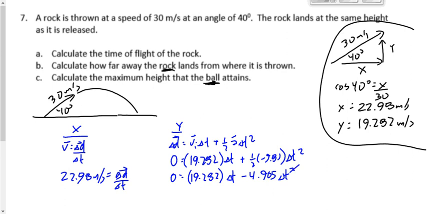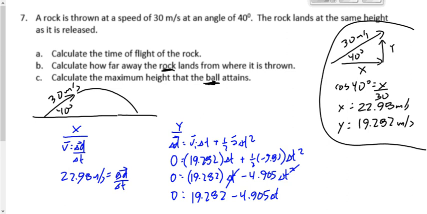Now, do you guys know what I'm doing if I just cross those off? I'm dividing each term by time, right? I'm just not quite showing the dividing by time. 0 divided by time is 0. 19.282 times time divided by time is 19.282. And 4.905 t squared divided by time is 4.905 t. If that bothers you, just do it the way we were doing it.